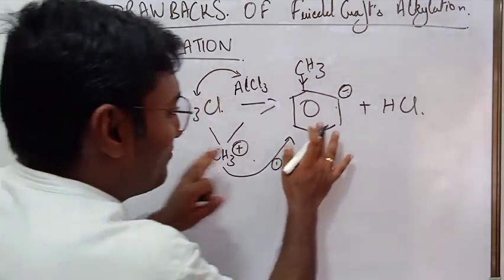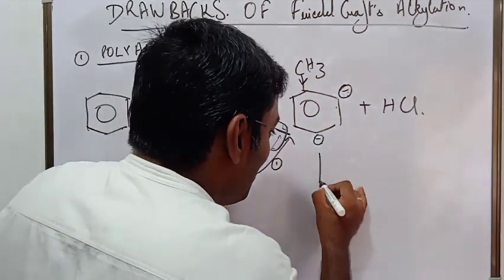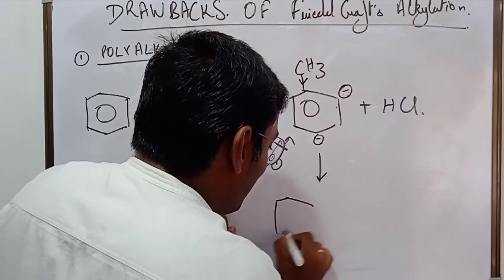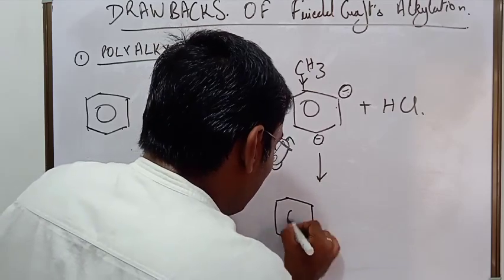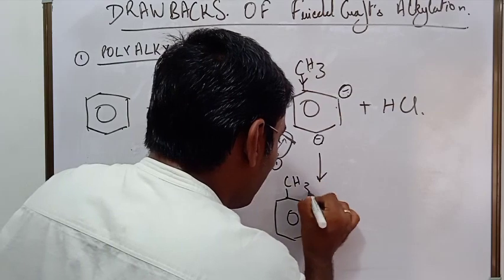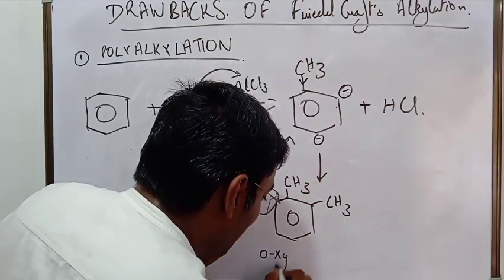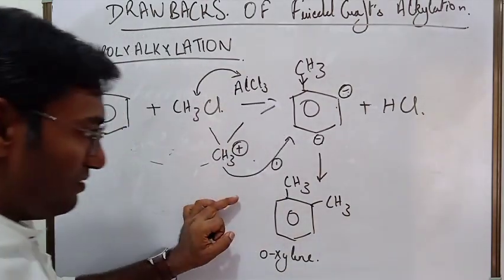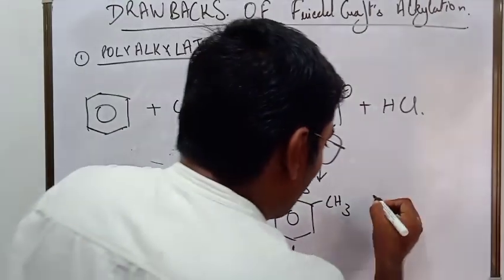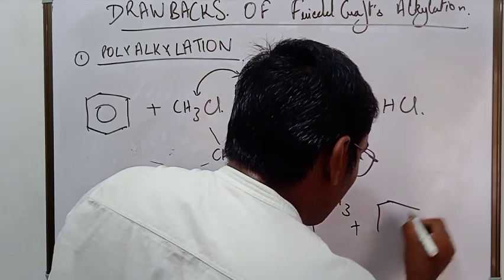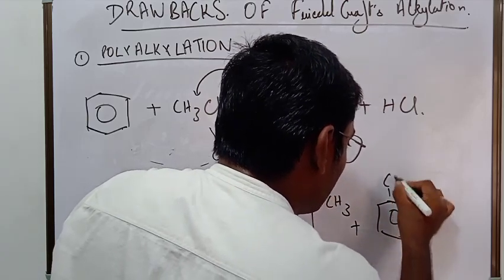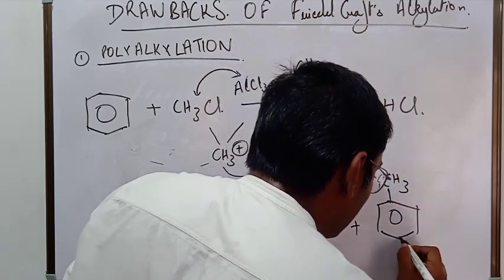So if it attacks toluene, then there can be two possibilities. This may be formed. This is orthoxylene. Or it can form this also, that is paraxylene.